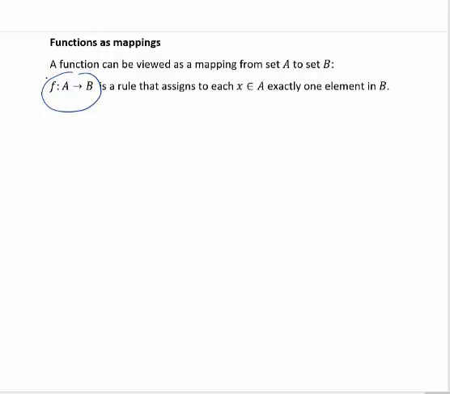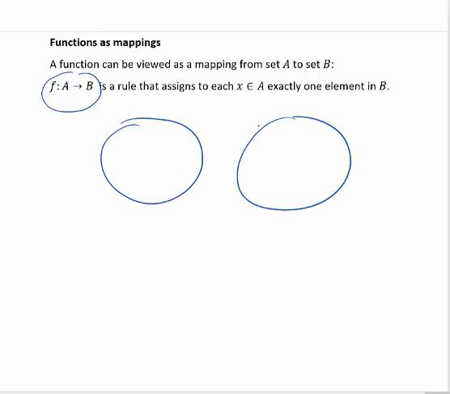We can draw a picture to symbolize this. Instead of an X and a Y axis, our mappings won't necessarily be from the real numbers to the real numbers. There'll be a set A, a set B, and we'll indicate the arrow to be the mapping, the rule. So to each X in A, we map it to a Y, or we could call it F of X in B. Now let's just go through some vocabulary.